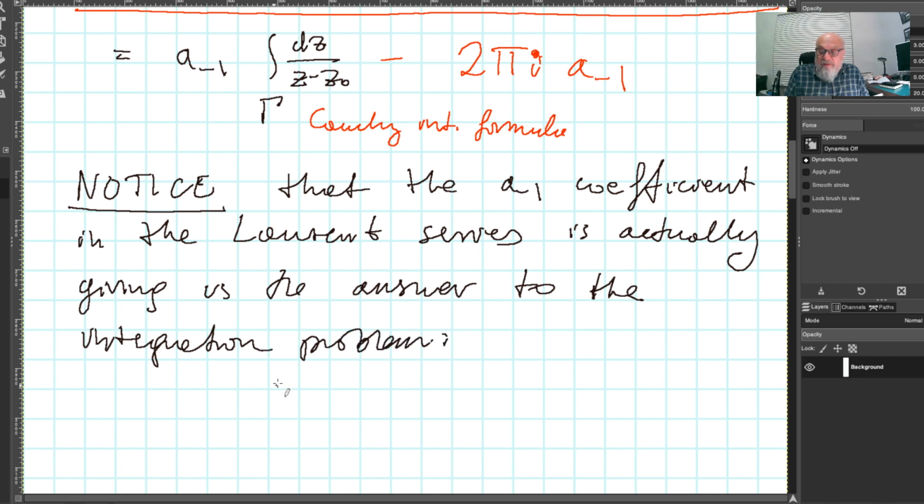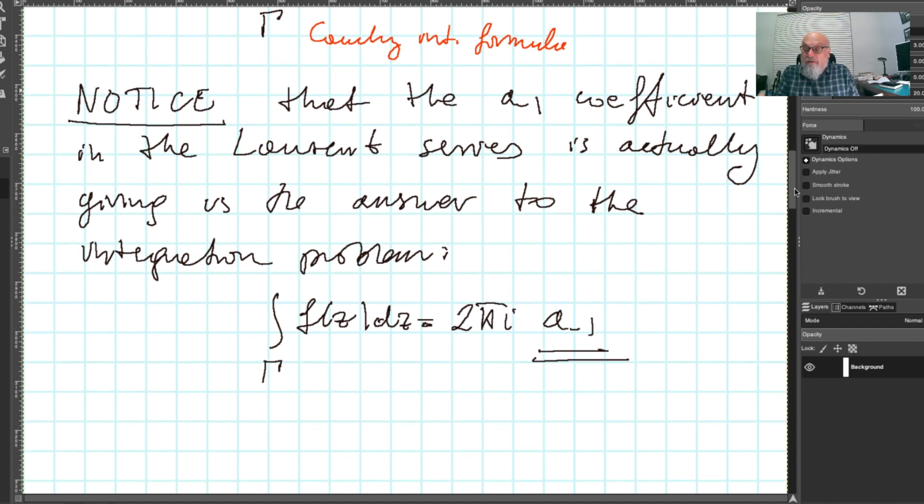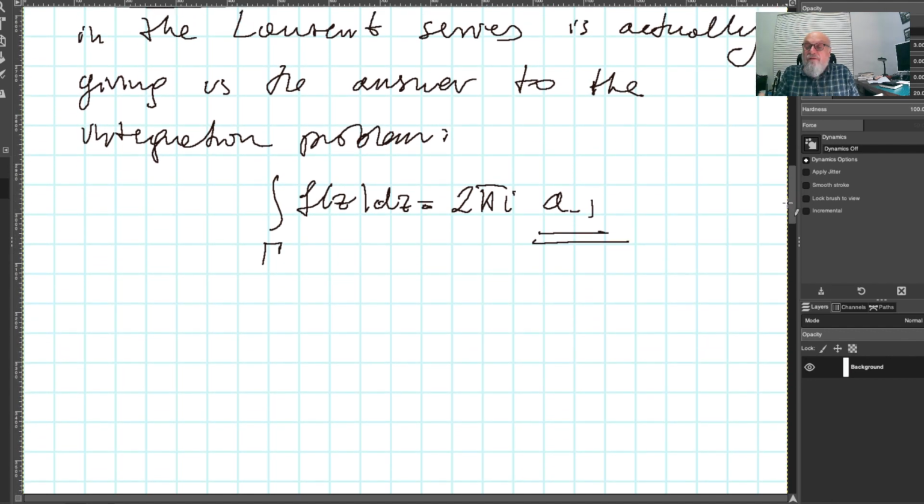That means simply that this integral over gamma of f of z dz is exactly equal to 2 pi i a_minus_1, and this coefficient will be playing an important role in the further development of this course.